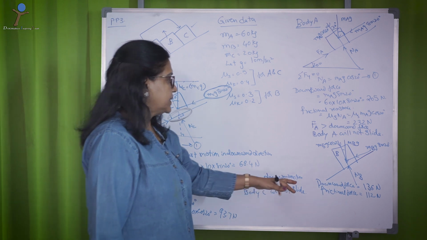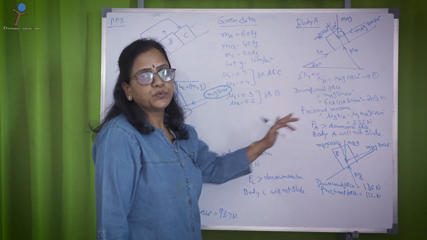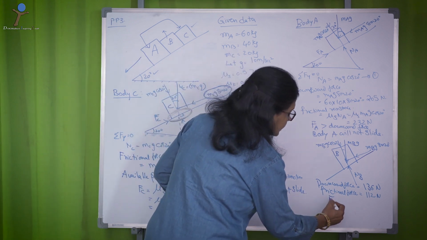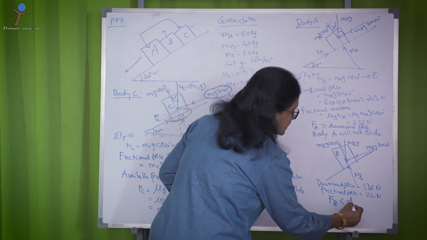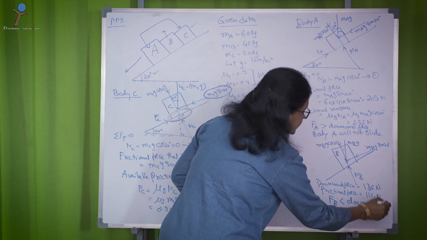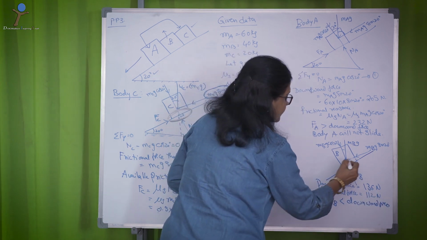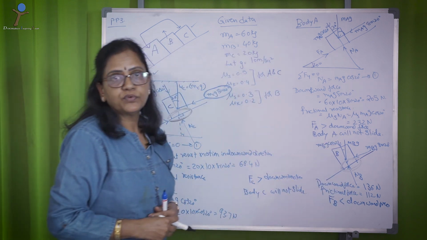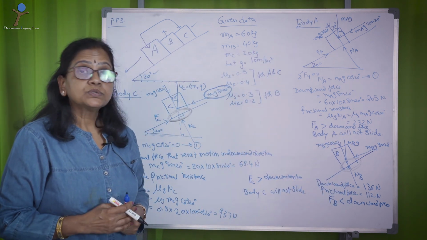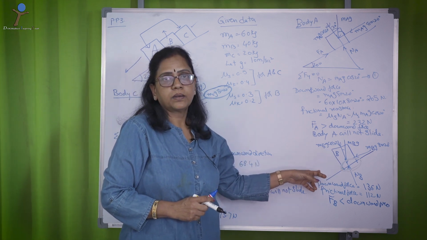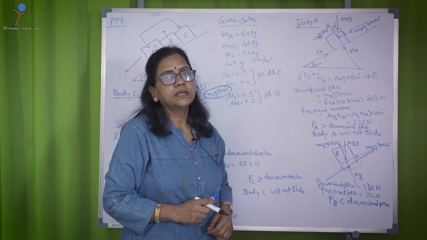That means, which is something different from the above two, FB is less than your downward force. So, that means the frictional resistance offered here is less compared to the downward force component. So, in that case, B has to slide down because it does not have sufficient limiting friction.